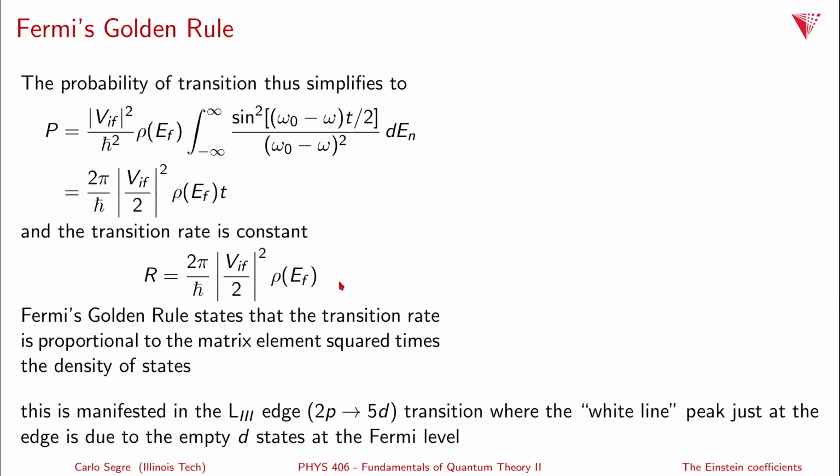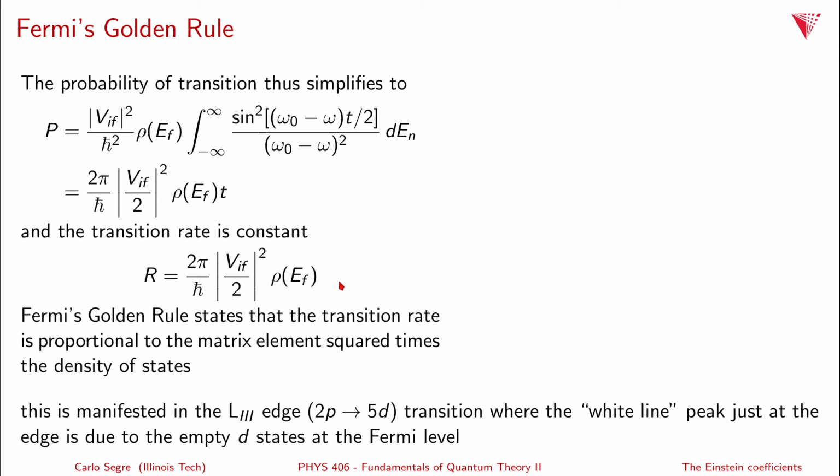So we can see how that works by looking at X-ray absorption. We're specifically interested in the L3 edge. Now the L3 edge means that you take an electron from the 2p state up to a d state. Because delta L has to change by 1, you go from 2p to 5d.